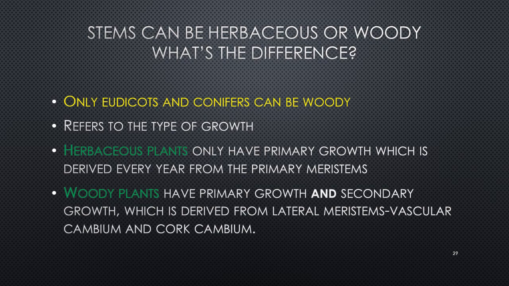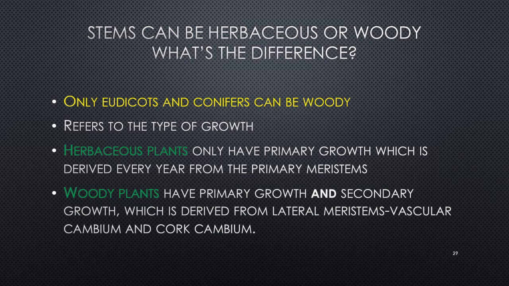Okay, so stems themselves can be either herbaceous or woody. So what is the difference? I've said this a couple times, but just driving it home a little bit, only eudicots can be woody. So when we're talking about monocots versus dicots, only angiosperms are either monocots or dicots. So that's where that division takes place.